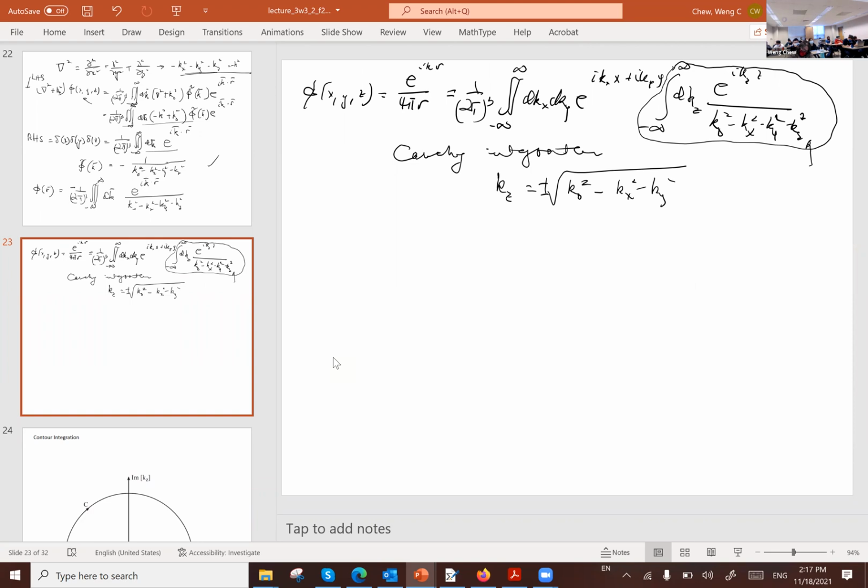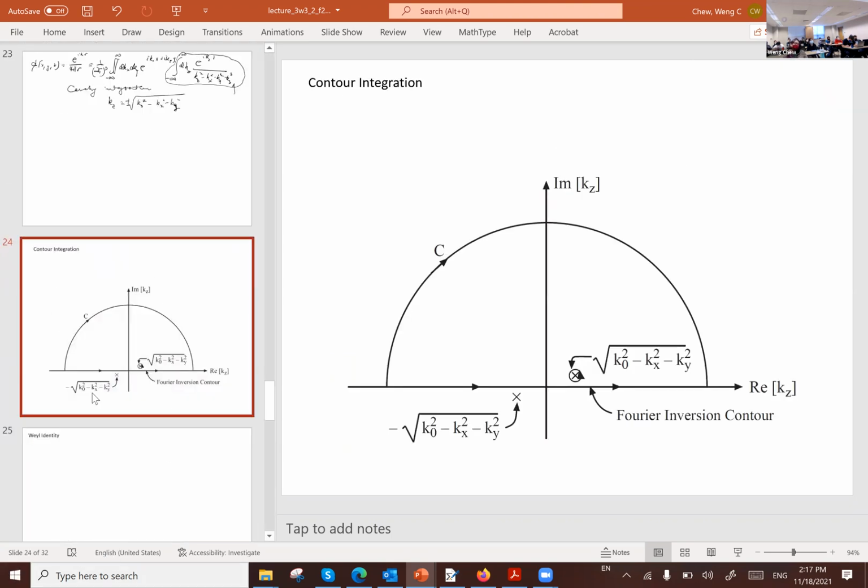I see this pole there, and then the Cauchy integration technique comes to my mind. If I look at the kz plane, it looks something like that. It has a pole at this location and another one at this location. I'm intending to integrate this Fourier transform on the real kz variable.